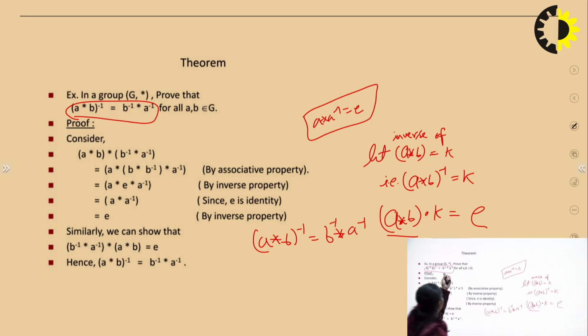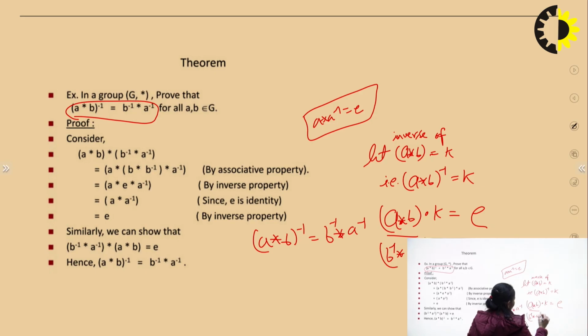What we have to take is B inverse cross A inverse. So if we multiply both sides by B inverse cross A inverse, A into B into K is equal to E cross B inverse cross A inverse.